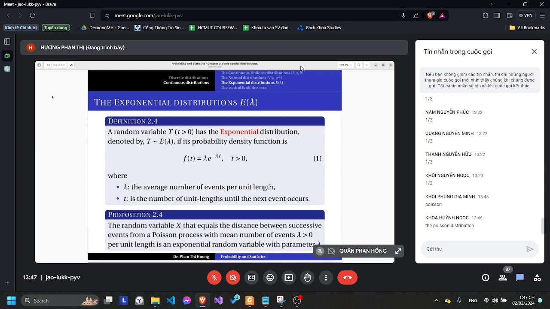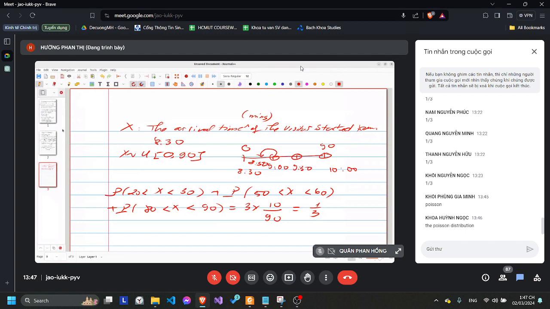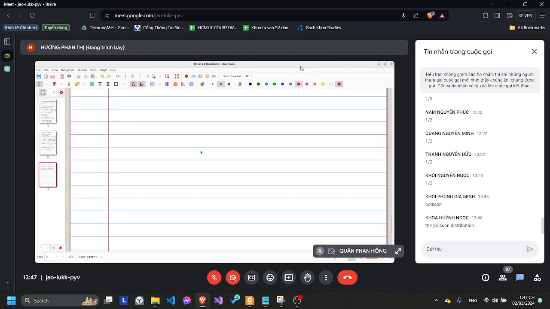Okay, how? Now return to the flashboard. If Z indicates the Poisson distribution with parameter lambda, hence the meaning is the number of events per unit. This unit can be the length or it can be the space. Now, if we consider the number of events per unit time.